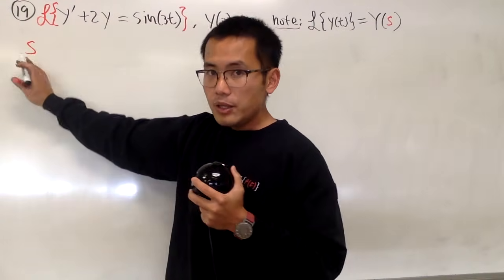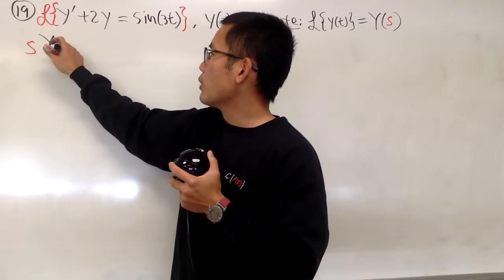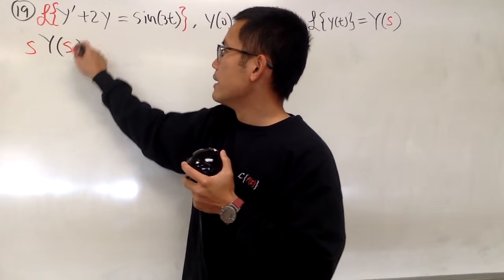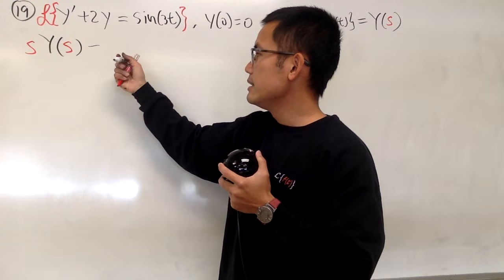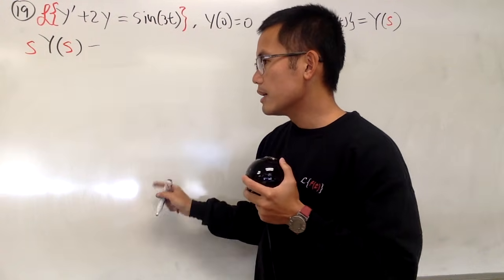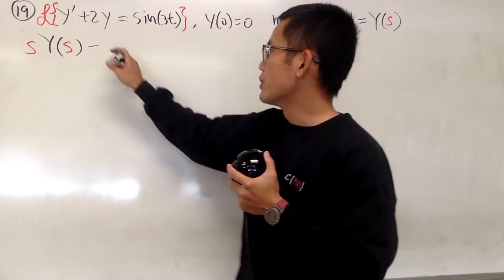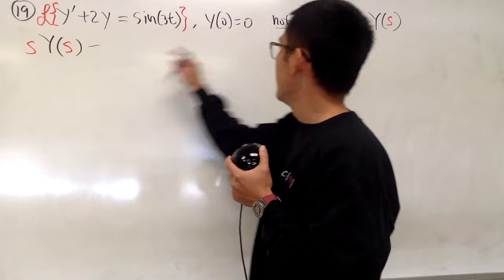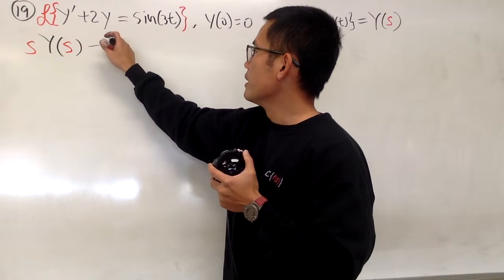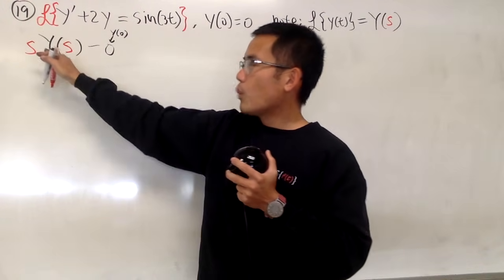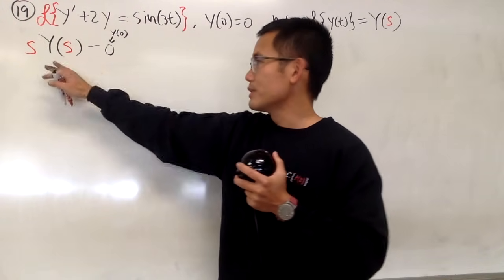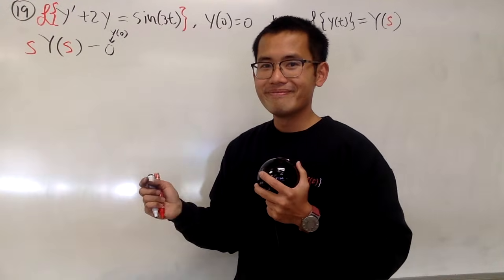So it's little s times capital Y of s, right? And then you minus the initial condition, which is y of 0. And in this case, it's 0, so I'll put 0 right here. And again, this right here is just y of 0. It's s Y of s minus y of 0. So this is what we have for the first one.